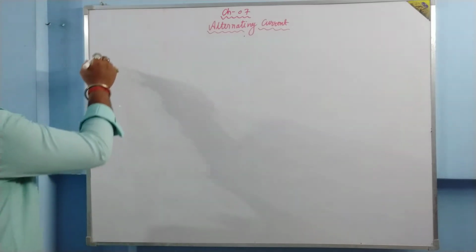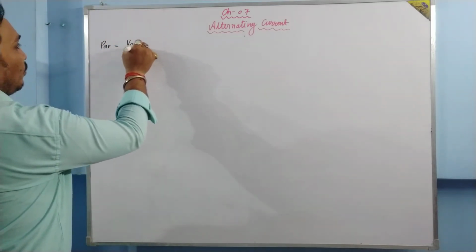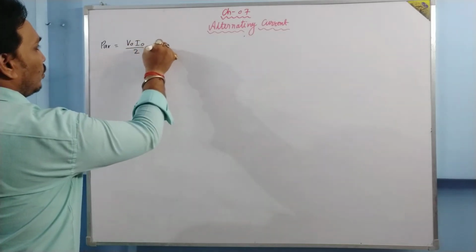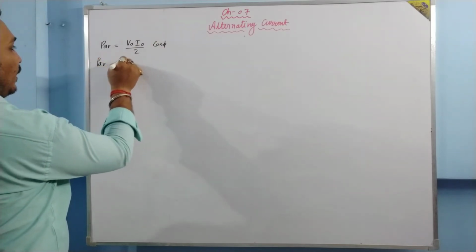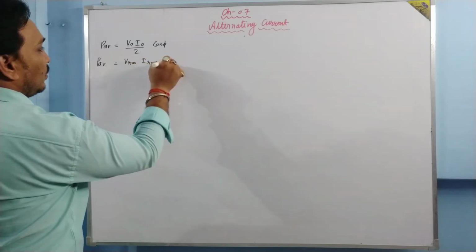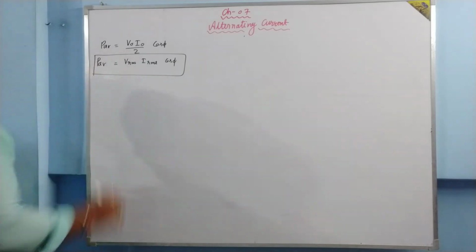So what we have got from the discussion, average power is equal to V naught I naught upon 2 cos phi, and the same formula can be written as P average is equal to VRMS IRMS cos phi. Now I am going to apply it for different circuits.